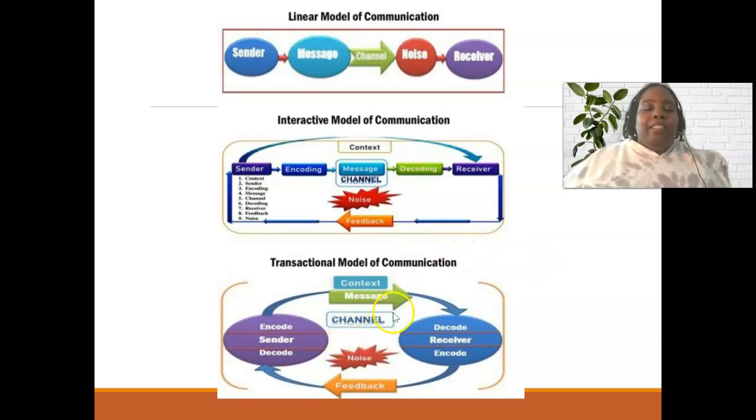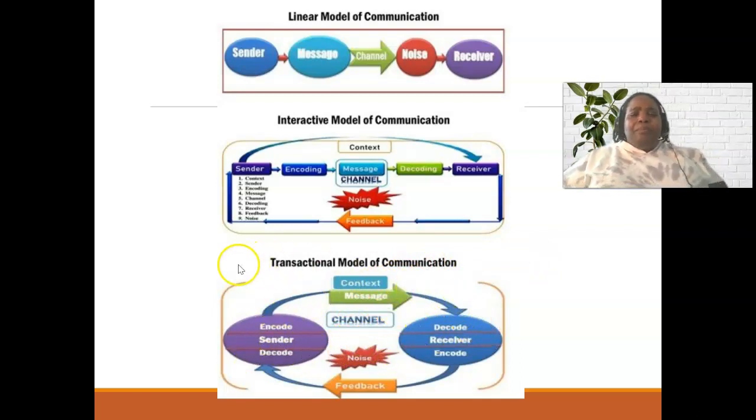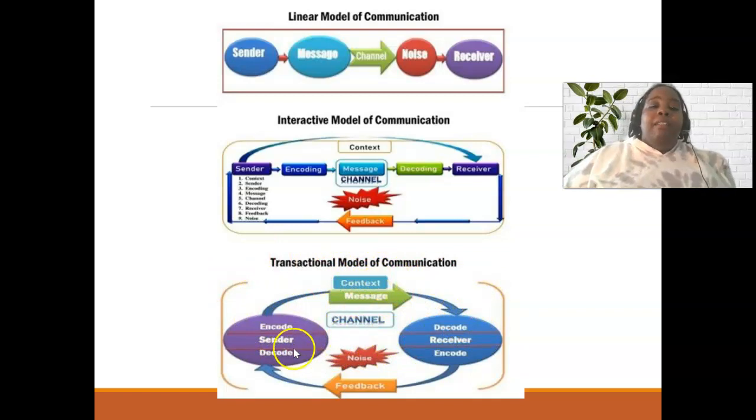So in the transactional communication model, we are taking into account that both communicators are interacting at the same time versus having just one sender send a message. So this is represented by the arrows.